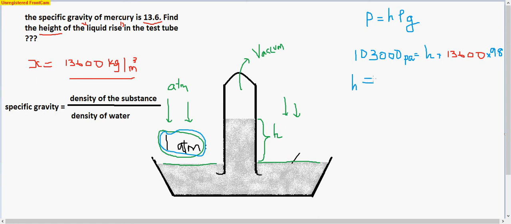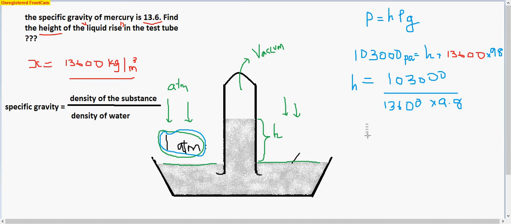H is equal to 103,000 divided by 13600 into the gravitational constant 9.8.